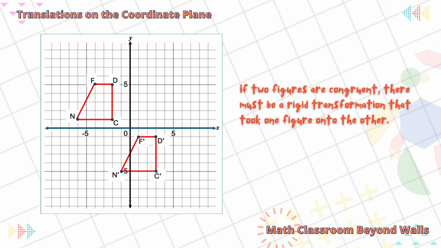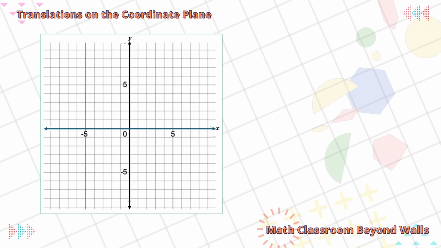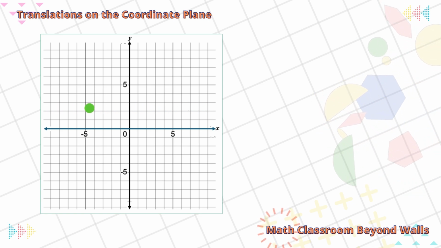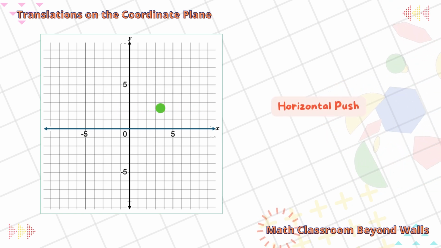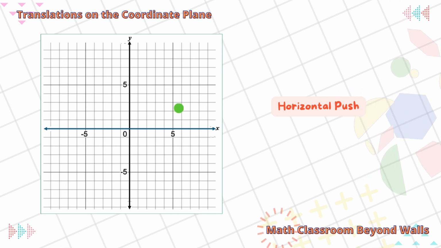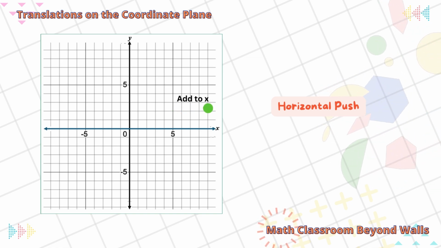Before we go further, let us first consider these important concepts which we will use in writing the translation rule. On a coordinate plane, a slide or push to the right or left is along the x-axis, also called the horizontal push. A push to the right means adding number of units to the x-coordinate.